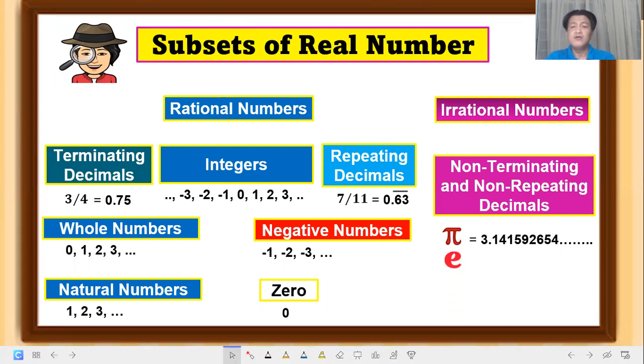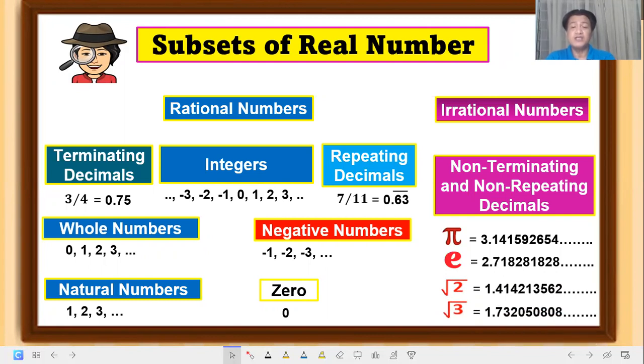Okay, kaya continuous yan, hindi natatapos. Yung e naman, we call that Euler's number. That is approximately 2.71, and so on and so forth. Never ending din siya. Okay? And we also have the square root of 2, square root of 3, or lahat po ng ating non-perfect squares. That is irrational number.